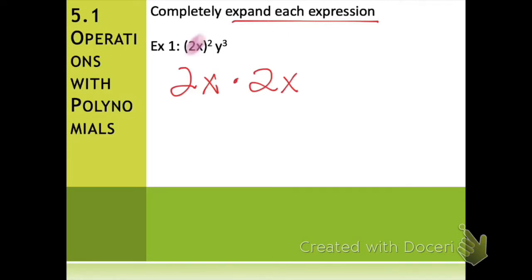This exponent of 3 is attached to the y. So I need to write times y, times y, times y. If you want to put a little times between the 2 and the x, you can. That's what I mean by completely expanding an expression. When I look at this, I see 1, 2, 3, 4, 5, 6, 7 individual things being multiplied together.